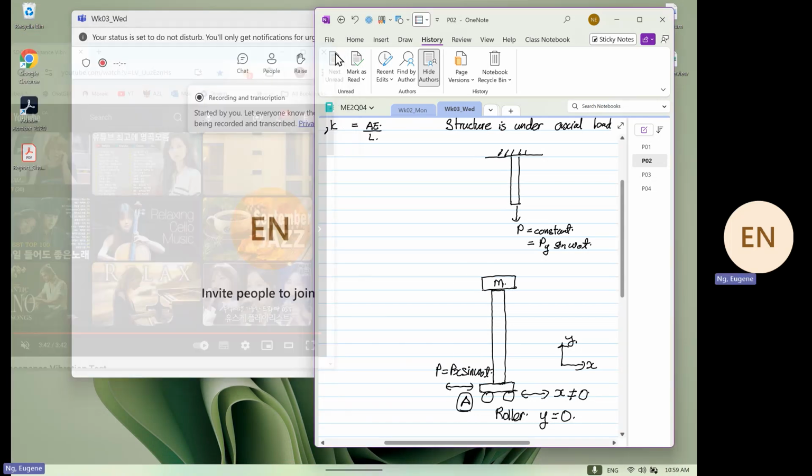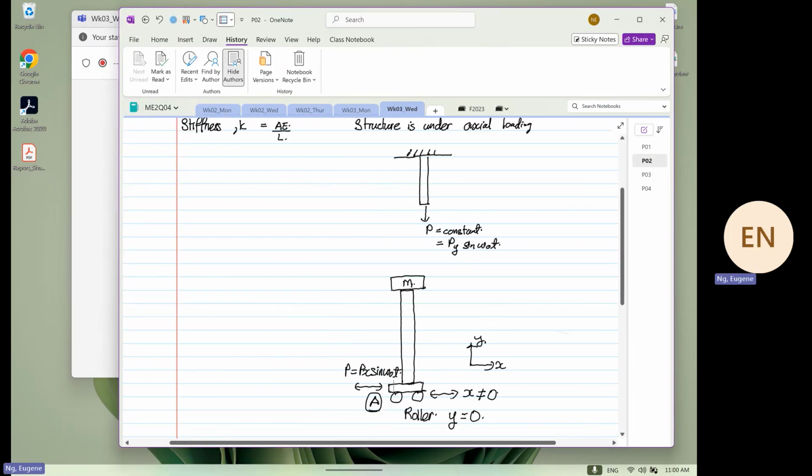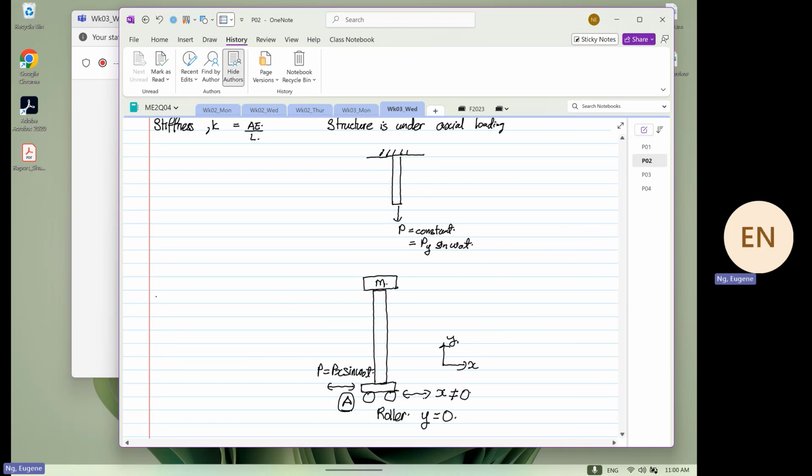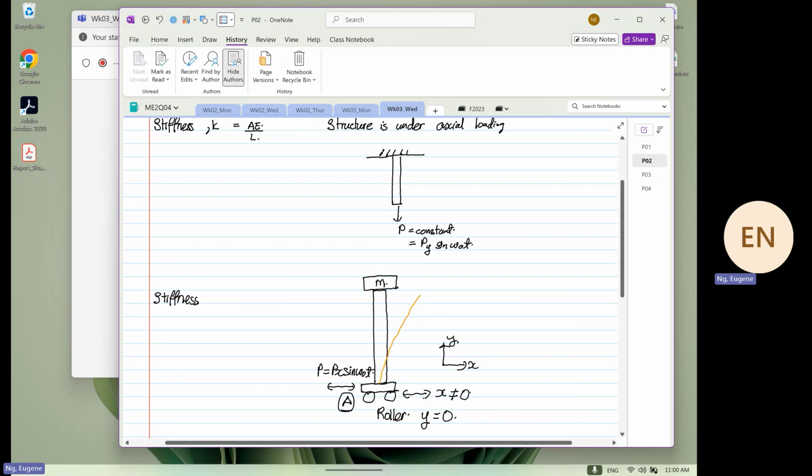So if we come back to here, if we look at this structure now, what is stiffness equal to? Now, the structure, when it deflects, is it deflecting up and down now? No, it is deflecting in this direction. Okay, so I'm going to draw the deformation pattern. So the deformation pattern will go left and right.